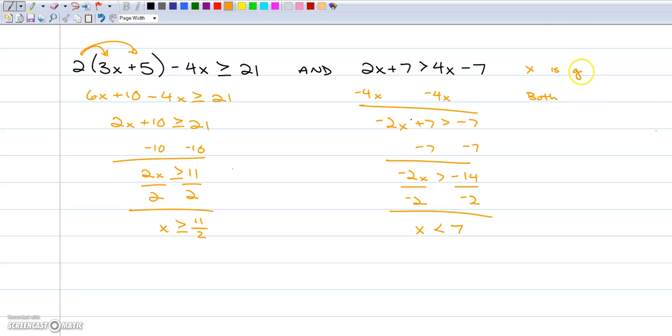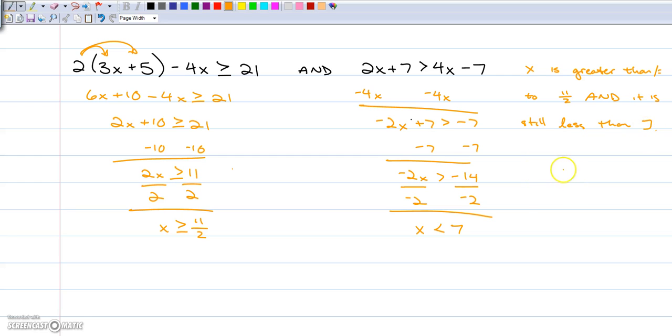X is greater than or equal to 11 halves. And it is still less than 7.